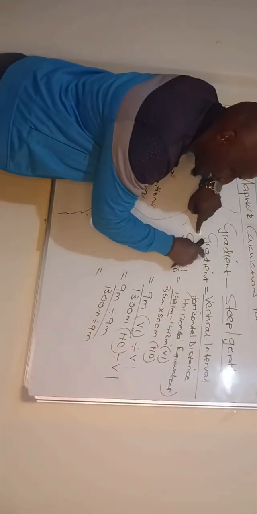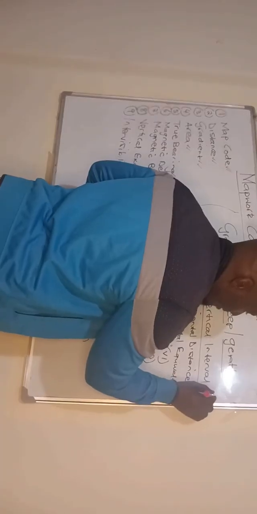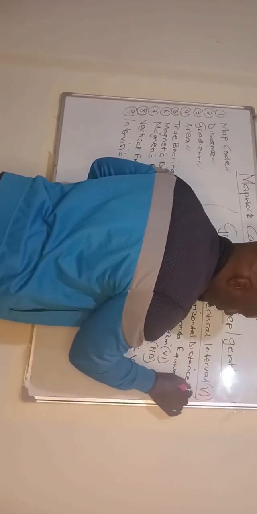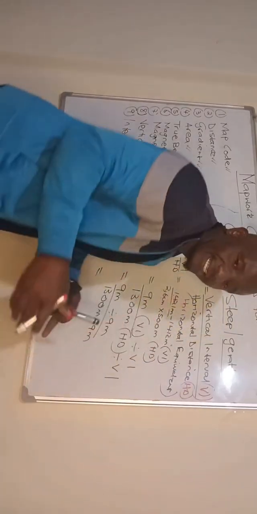So we have started here, guys. Our gradient is equal to the vertical interval divided by the horizontal distance, which is our VI divided by the HD. That is our formula. Our vertical interval is the difference in height.